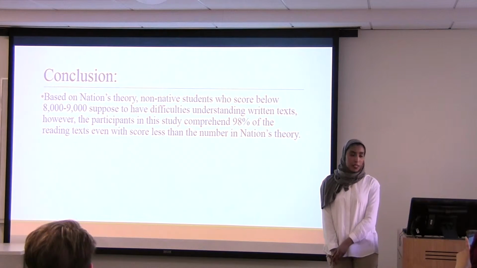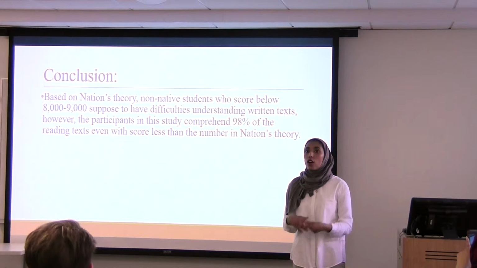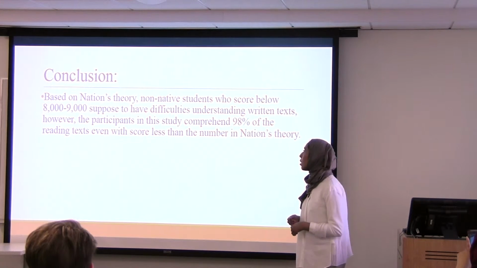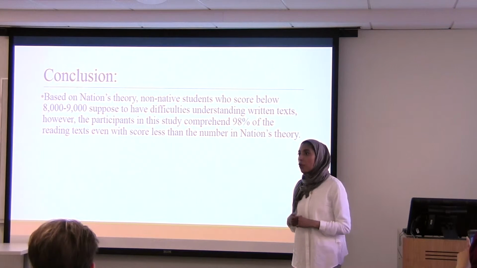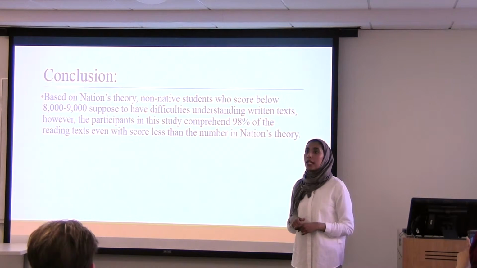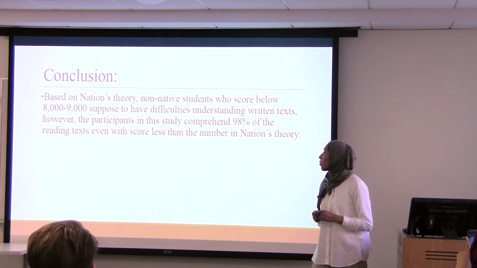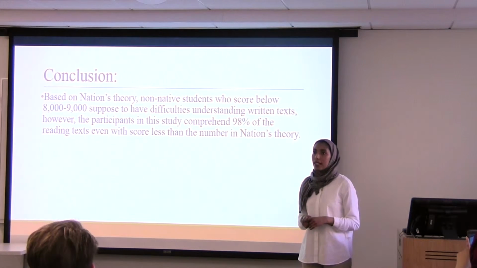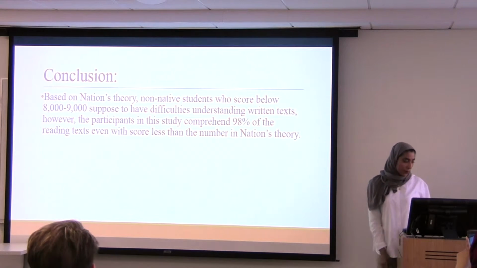Based on Nation's theory, non-native students who score below 8,000 are supposed to have difficulties in understanding the text. However, my result shows that they comprehend 98 to 99% of the written text, regardless of the vocabulary score they have in the vocabulary size test.